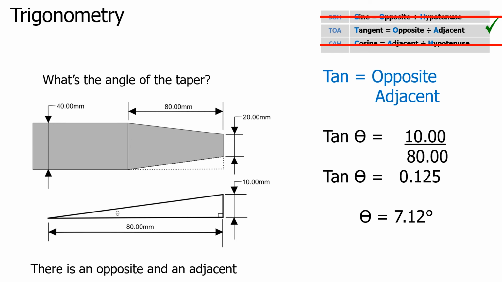So tangent equals opposite over adjacent, which is 10 over 80. So tan theta equals 0.125. We're looking for the angle, so it's inverse tan 0.125. Our answer is 7.12 degrees.